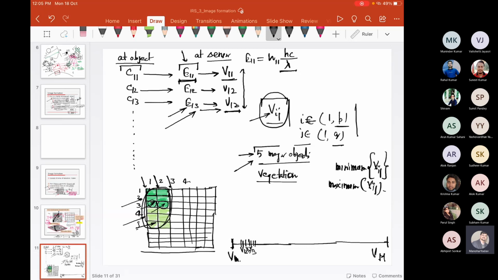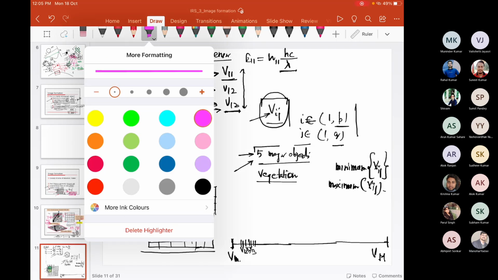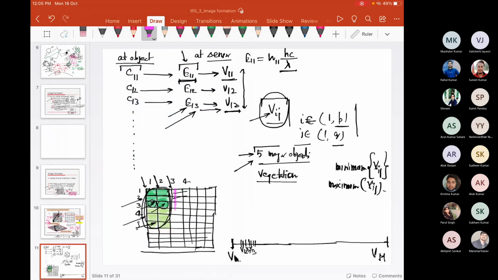And let's say corresponding to columns 3 and 4, we have certain other objects.